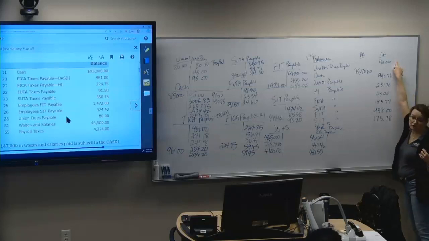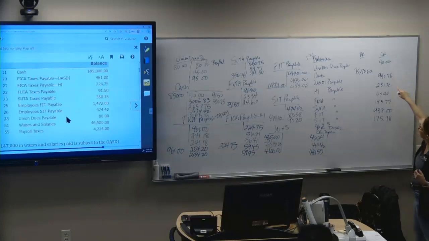We're going to pay this one on February 4th. That's when it's due. We're going to pay the OASDI, HI. We're probably not going to pay the FUTA yet because we're at the beginning of the year and we only owe $47.94, so we don't have to pay it yet, right?